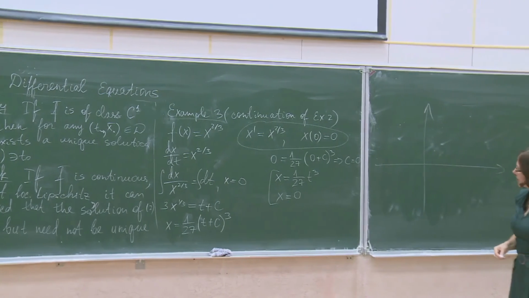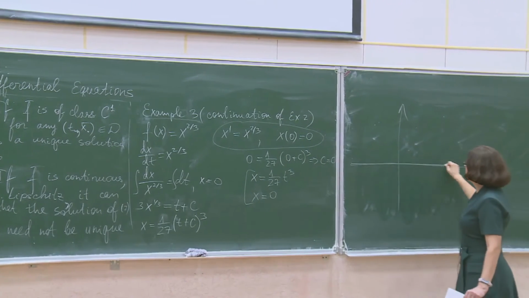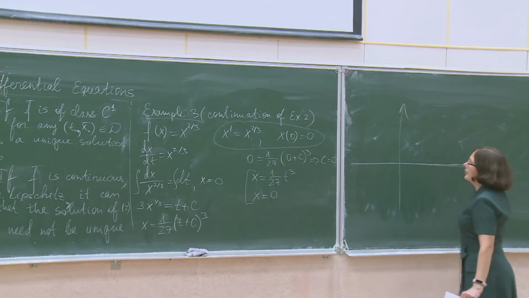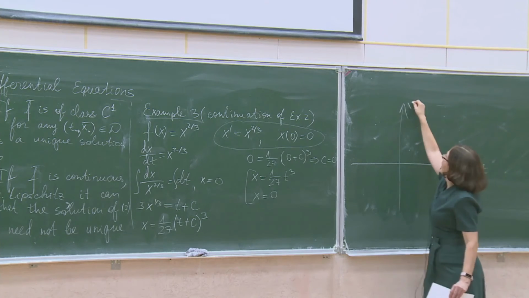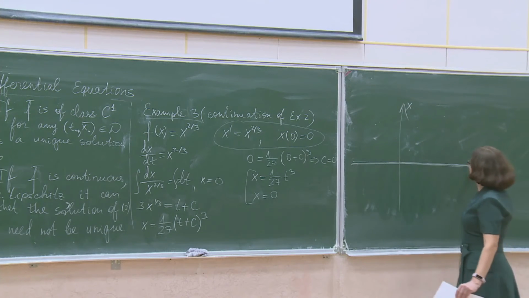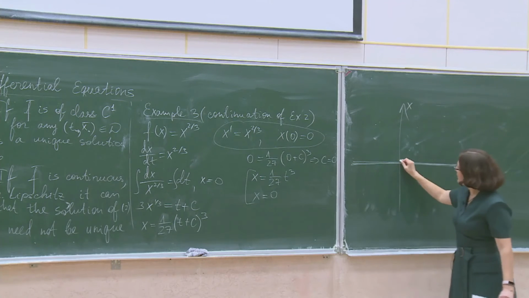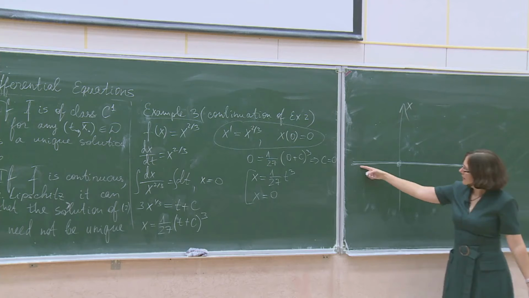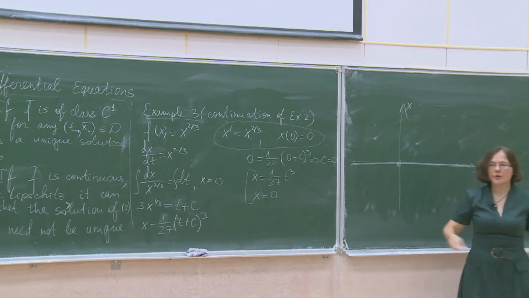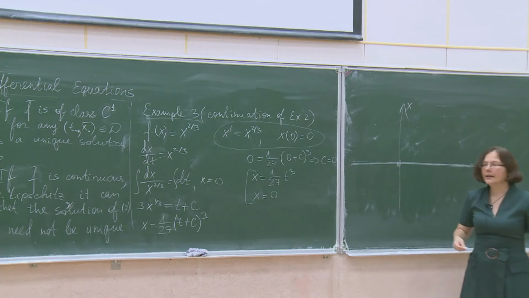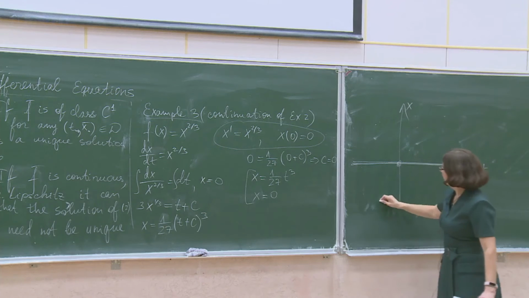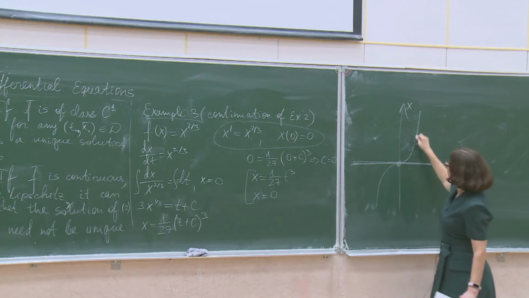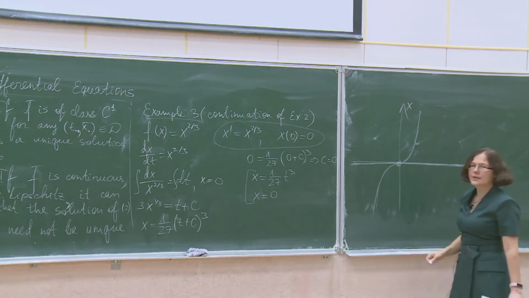If we sketch the graph, here is t and this is x. The solution should go through this point. The solution x equals 0 is this straight line. And this is the cubic parabola. This is also a solution.